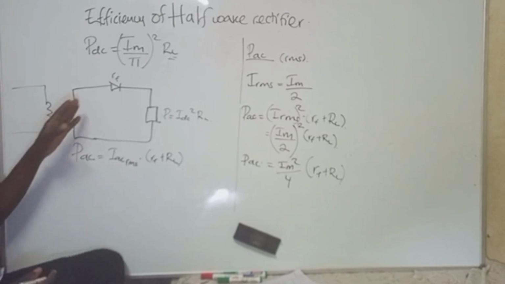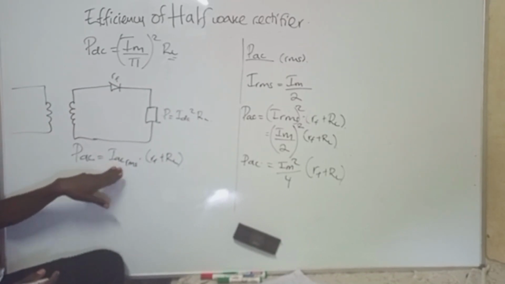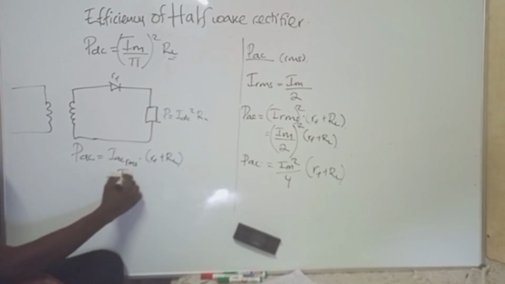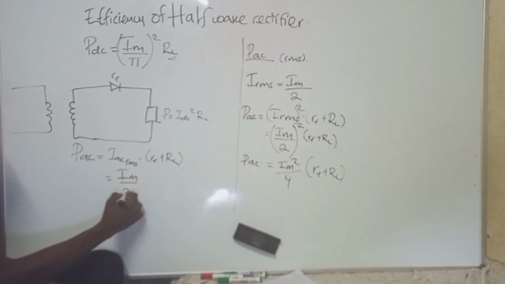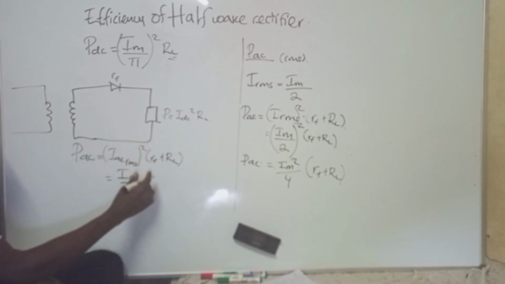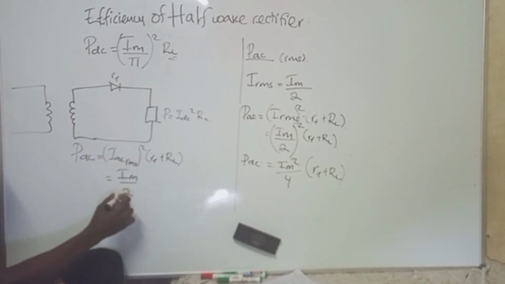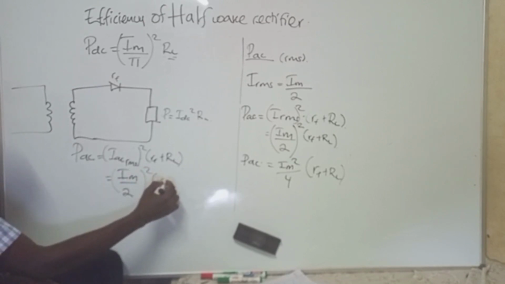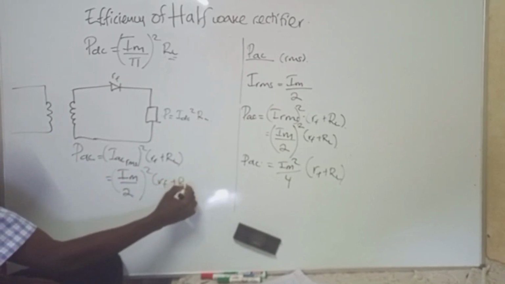Now the technique is always simple. Whenever they give you a half-wave rectifier, the RMS AC current is simply equal to I max over 2. But this is squared, remember. So this is I_M over 2, and we shall just square it and multiply it by R_F plus R_L.